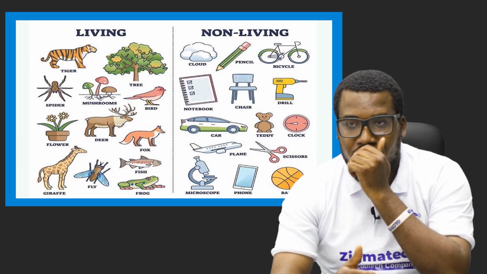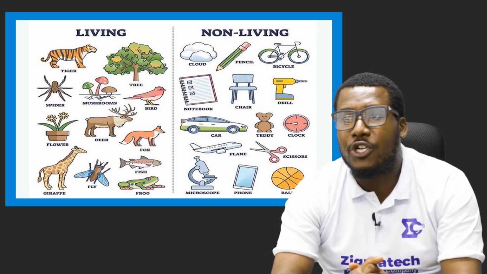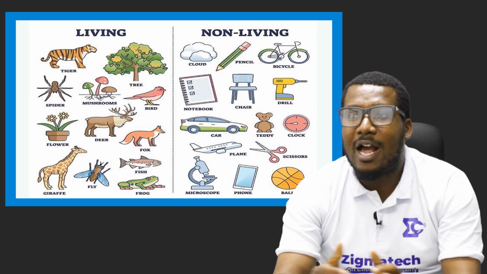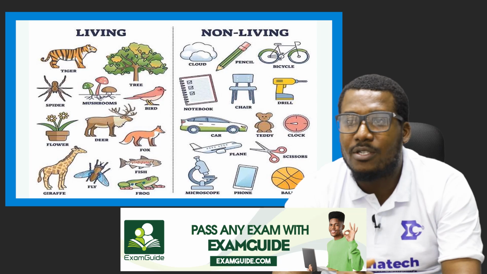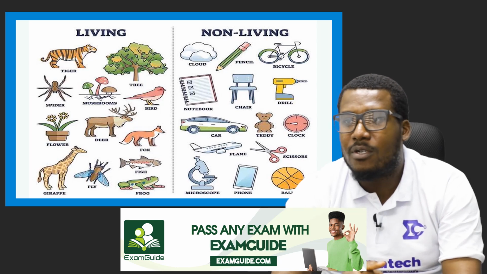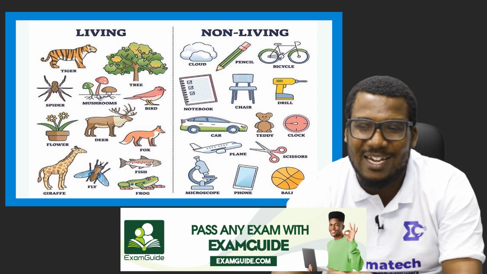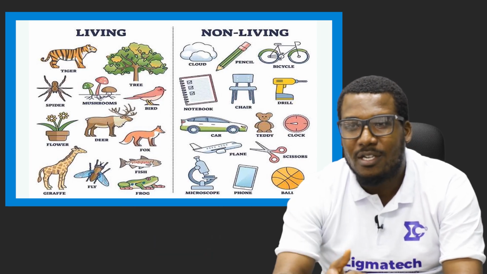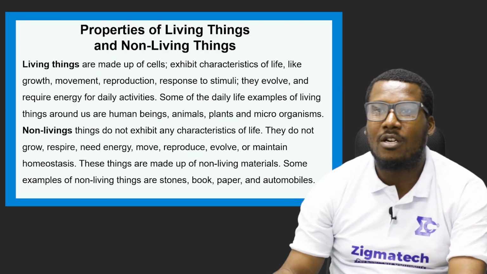Non-living, we have the cloud, the pencil, the bicycle, the notebook, the chair, the drill, car, teddy bear, clock, plane, scissors, microscope, phone, ball, etc. Every one of them needs an external body to function. They need you to do something about it. So these are the living and the non-living organisms.